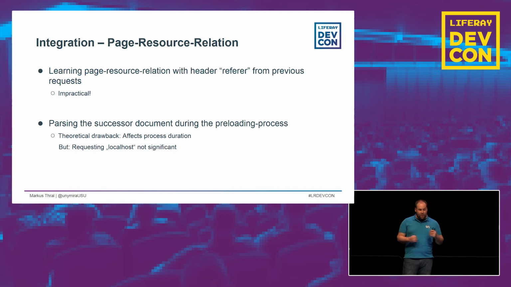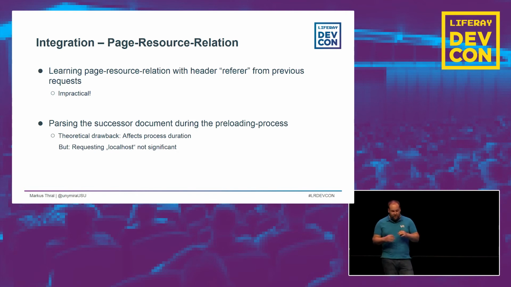The first one is we learn the page-resource relation with the referrer header. In the referrer header from a resource, for example, an image, there's the address of the page from which the image is requested. But here you have to trust me, that's quite impractical.